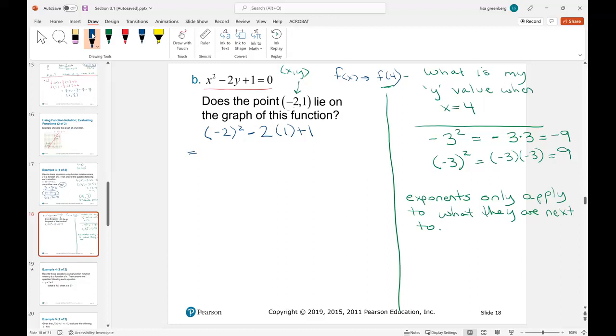So this is equal to, again, +4 minus 2 plus 1, which equals 4 minus 2 is 2, plus 1 is 3. So I can say no. The point (-2, 1) does not lie on the graph of this function, because if it did, this should equal 0. But it doesn't, okay? So the answer is just no. Sorry about the mistake. Hopefully you can ignore the mistake and see what I really meant.